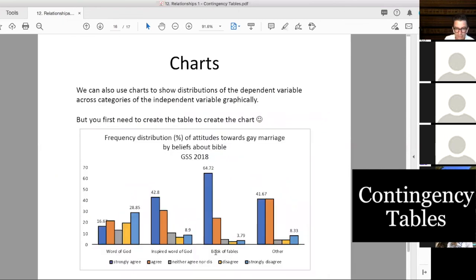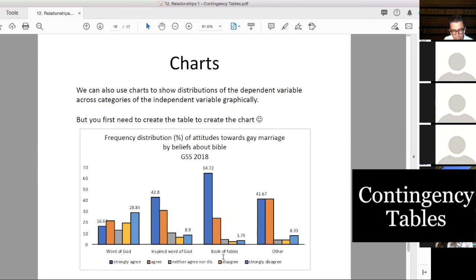We can also see this on a chart. This is a strongly agree with gay marriage. And this is for respondents who said it's a book of fables.